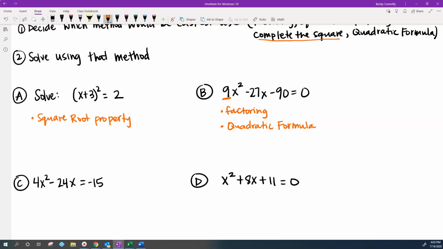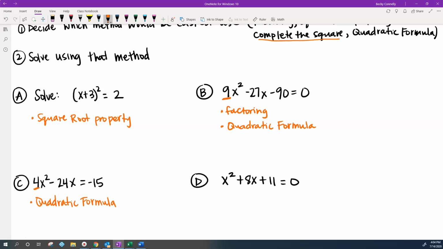It's not like there's a greatest common factor of 4 or something that we could take out of it like we could in part B. So I agree. I think the quadratic formula would be the best one to use here. Why not completing the square? The leading term is a 4. Yeah, that leading term's a 4, and so we haven't talked about how to deal with that. So the quadratic formula would be best there because of that.